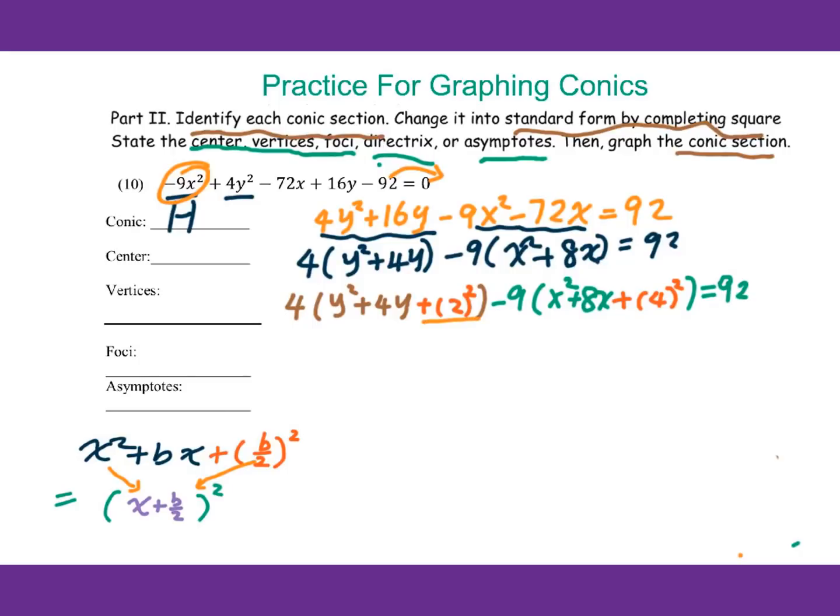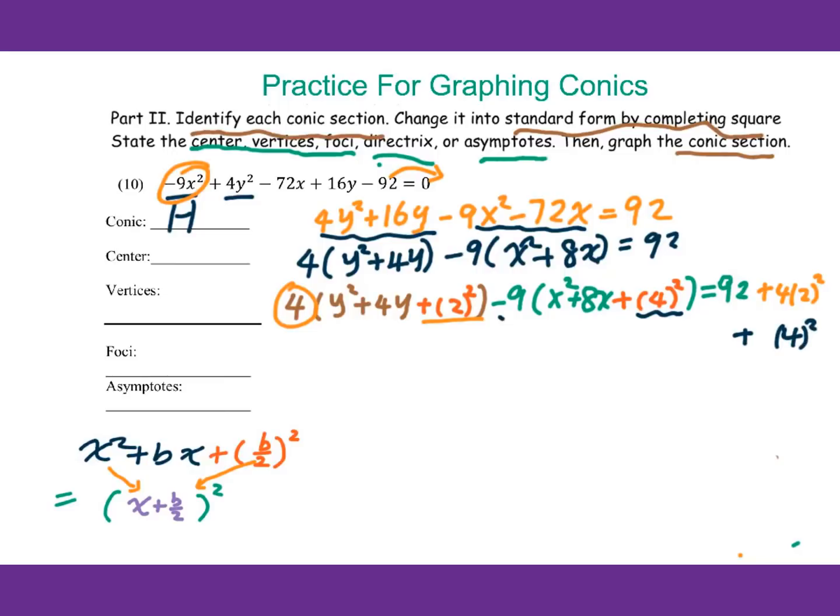Since you add on the left side, you have to add to the right side. Don't forget the factor. So add 4 times 2 squared. Then you add 4 squared also.